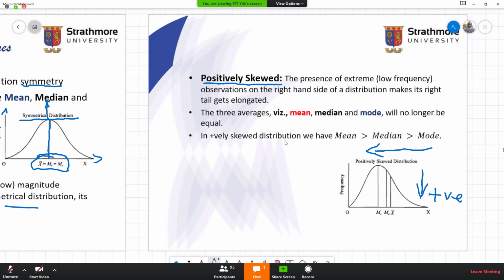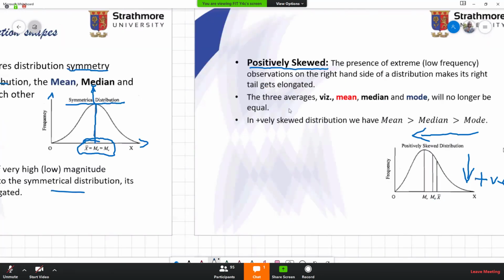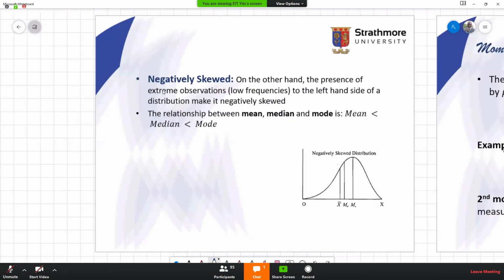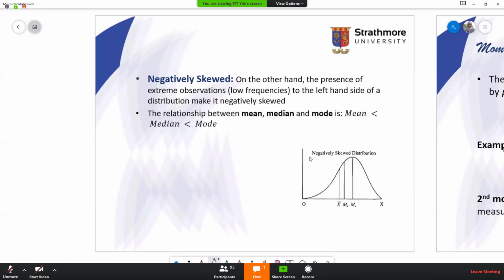Then we finish by checking a negatively skewed distribution. In a negatively skewed distribution, low frequencies are concentrated on this side. Low frequencies means that the curve will hit lows on this side.